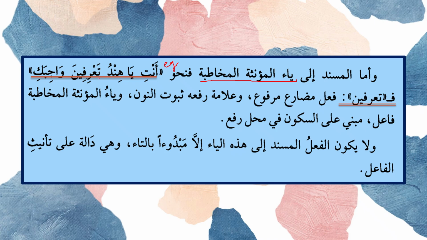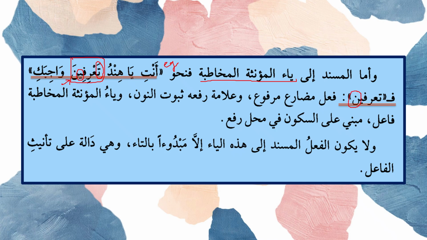Ta'rifina, starting with the ta. Please pay attention that the present tense verb in question starts with a ta only, and then we have this ya mukhatiba before the noon, and this noon is present. That means it's telling us that this ta'rifina present tense verb is in marfu case. So ta'rifin fi'l mudari marfu. How do we know? Because of the presence of the noon.